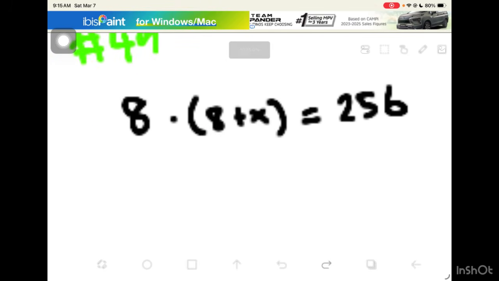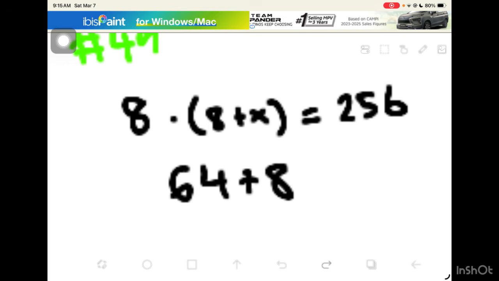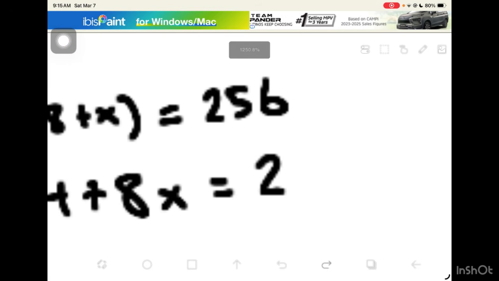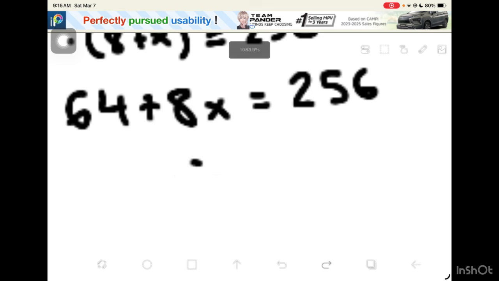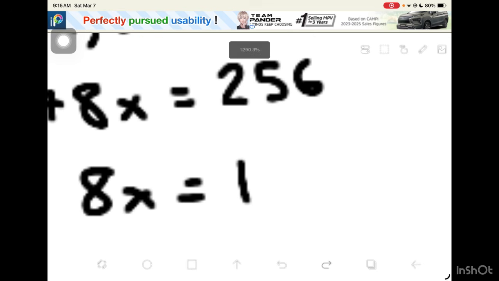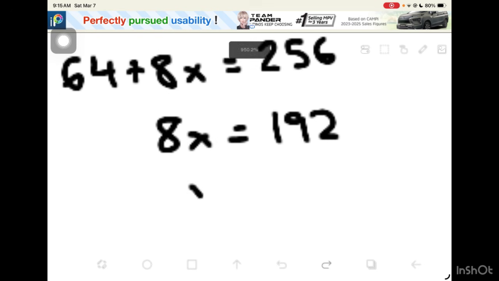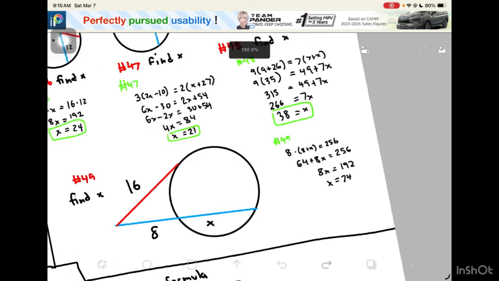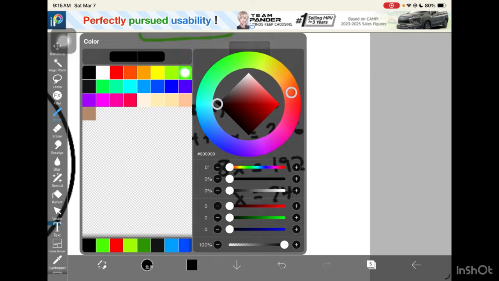Multiplying this, it becomes 64 plus 8x is equal to 256. 8x is equal to 192. And x is equal to 24. And that is our answer.